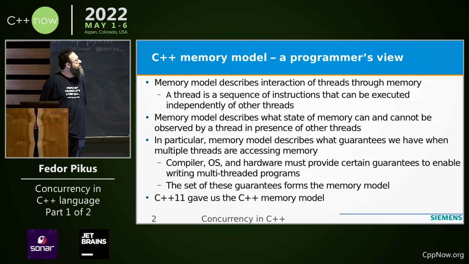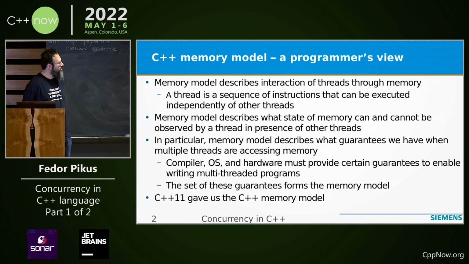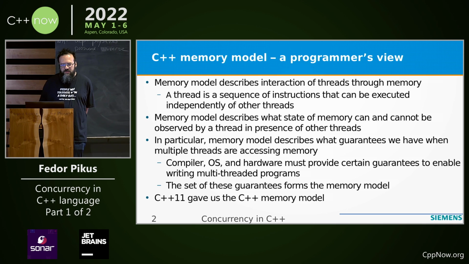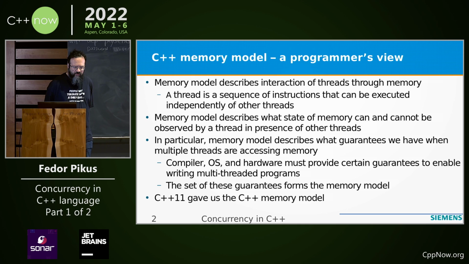Let's start with the definition. There are several differently worded definitions floating around. They all boil down to this. Memory model describes interactions of threads through memory. And a thread, for the purposes of this definition, is a sequence of instructions that can be executed independently of other threads. Why? Interaction of threads, that part is kind of clear. Why through memory?